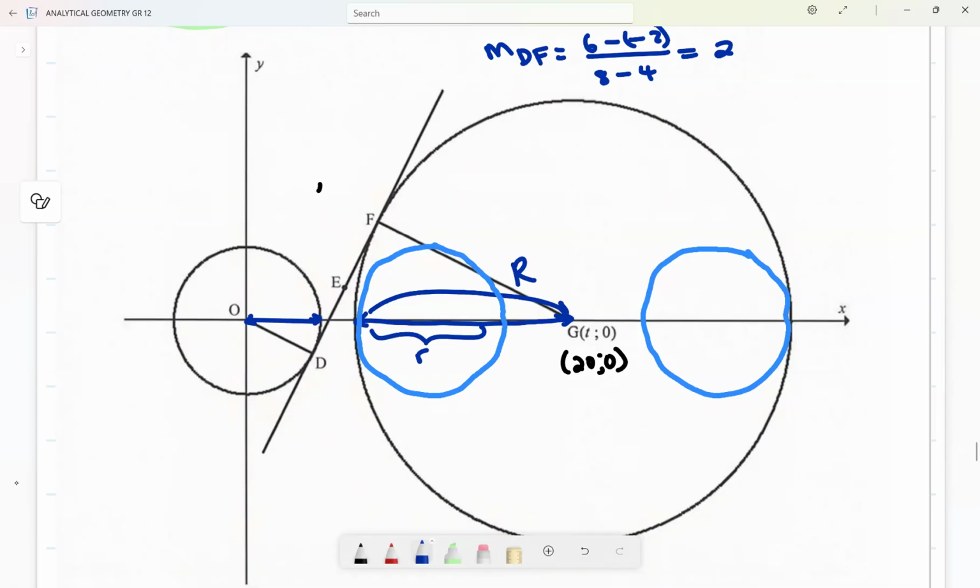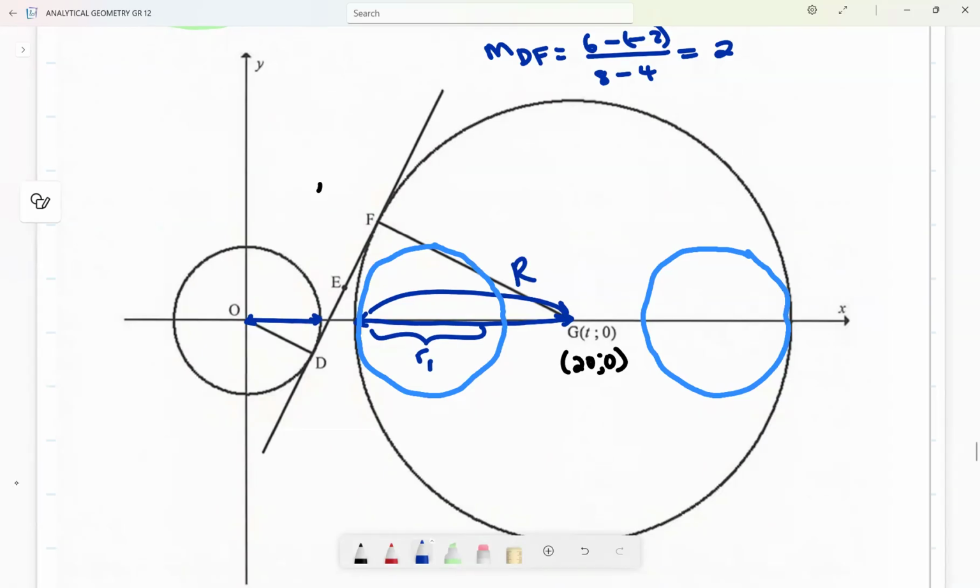So for me to find this smaller radius, the first R1, I know this distance here.